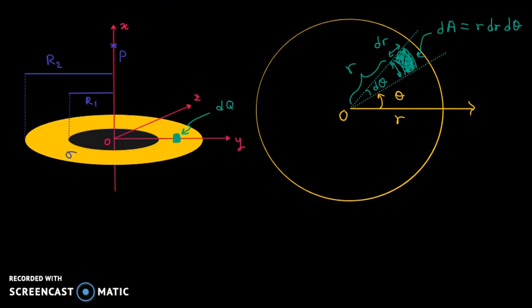Now we can go ahead and express dq in terms of the given variables and the coordinate variables that we came up with. Remember, by definition, the surface charge density sigma, which is a given variable, is equal to total charge divided by total area, right? But it's also defined as the charge of the element divided by the area element, so dq divided by dA.